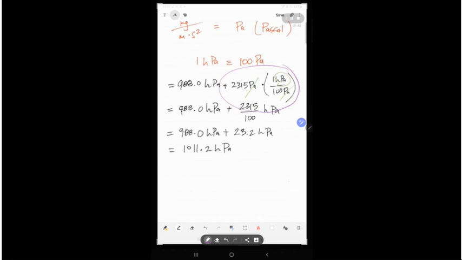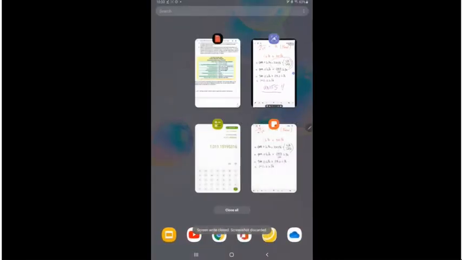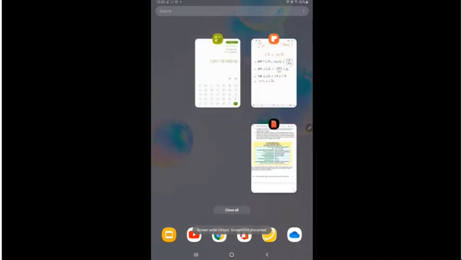So if you end up with a pressure in HPA, and you're over 1,000 and, I don't know, 1,060 or something like that, chances are you've made an error along the way. So it's extremely important to value your units. I kind of like to say units are your friends. Follow through, you know. You'll make fewer mistakes.